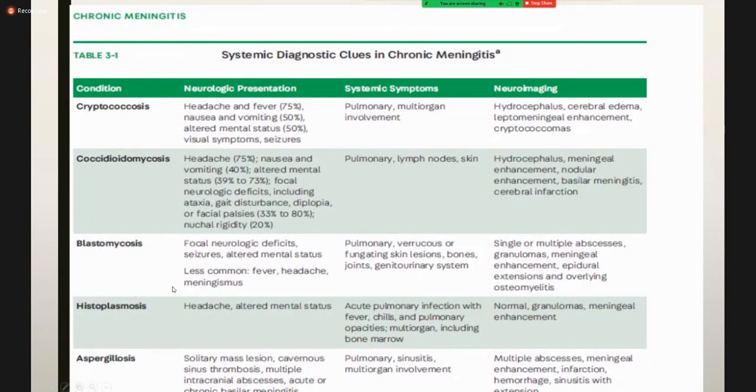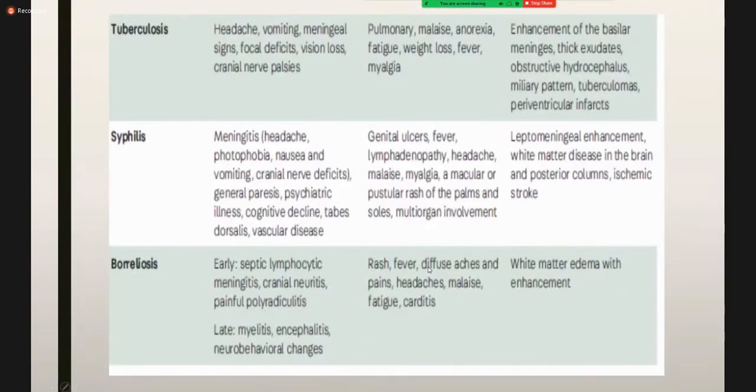These are other causes also. Now, going into details of tuberculosis, the neurological manifestations, again, we all know: low-grade fever with headache, vomiting, meningeal signs, focal deficits, visual impairment, and cranial palsies, with systemic symptoms like anorexia, fatigue, weight loss, fever, myalgia, and pulmonary symptoms.